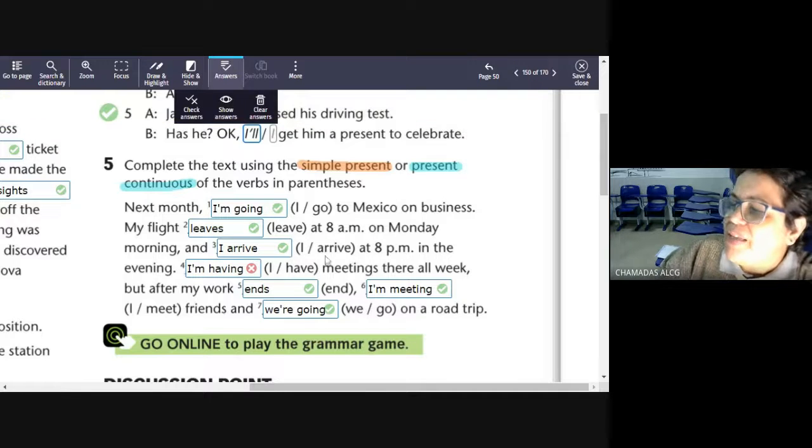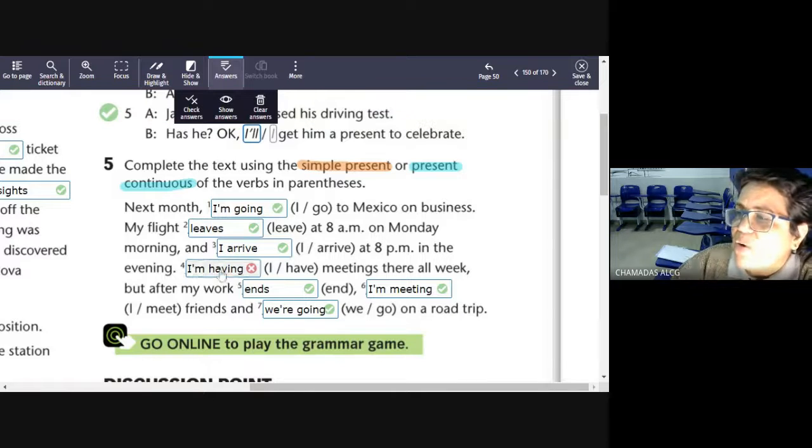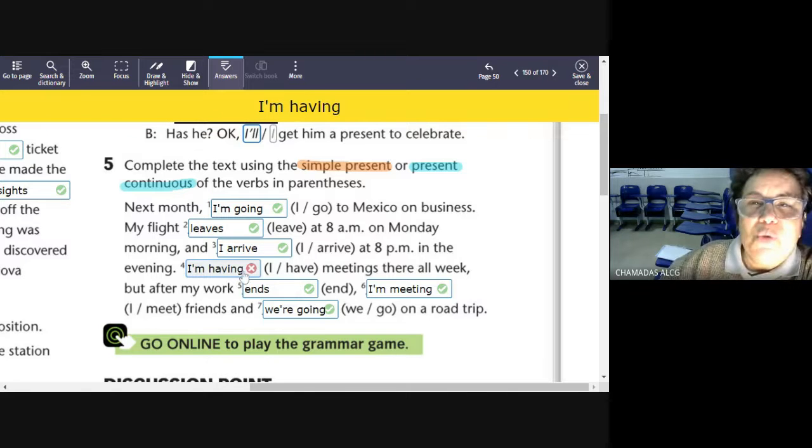I have meetings there all week. Okay, but I don't agree with this. In my opinion, it could be I have meetings there or I'm having meetings there all week, when you want to say that you are going to be busy because you are participating in meetings, right?